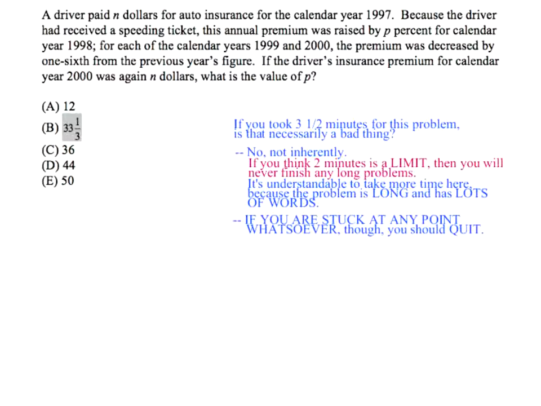If you spent 3 minutes and were actually doing productive work for 3 minutes, which is unlikely but not impossible, especially if you took a long time to read the problem, then fine. But if you were ever just pushing variables around at random, or doing anything for no apparent purpose, then you should quit.